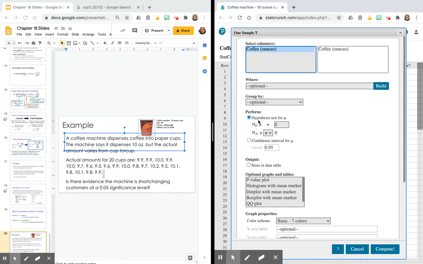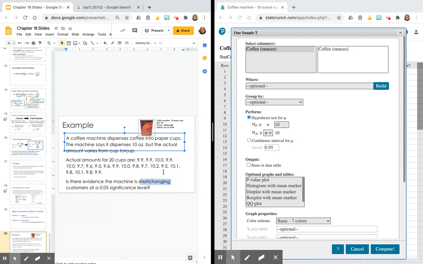And for my hypotheses, the machine says it gives 10 ounces. So the base claim, the null claim, is that it has 10 ounces. We want to know, is there evidence that they're short-changing customers? Short-changing. You have to think about, is that less than or greater than?